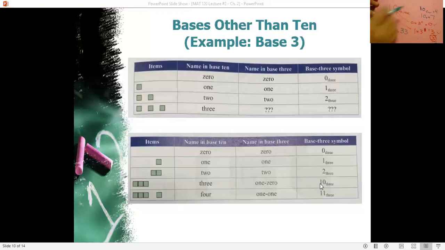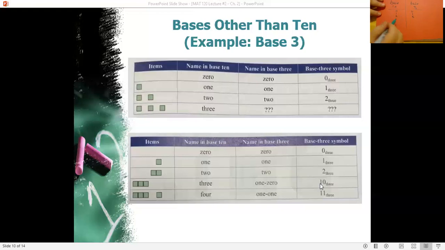So think of it like this, guys, and let's do a little bit of a table so that it's very clear. In base 10 and base 3, let's examine what the numbers look like. In base 10, the number 0 is 0. In base 10, the number 1 is 1 in base 3. The number 2 is 2 in base 3.